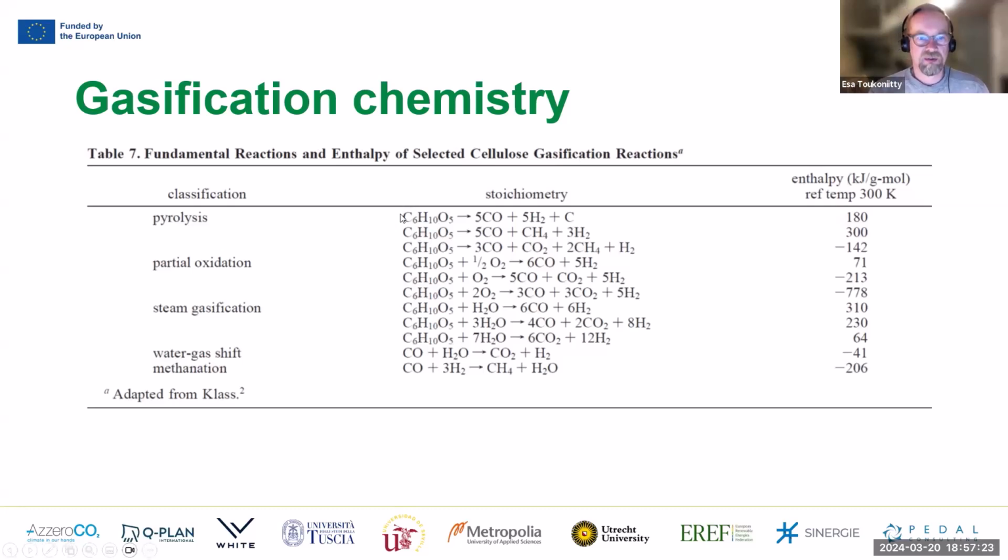So most of these pyrolysis, partial oxidation, steam gasification or steam reforming reactions happen with the biomass and some other reactants, and then also these water gas shift and methanation reactions can happen between the formed products, so carbon monoxide and water, or carbon monoxide and hydrogen can react with each other.